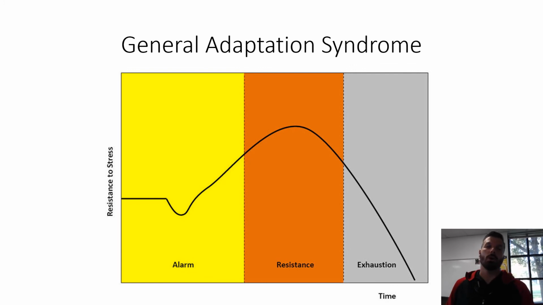And so what Hans Selye found is that one of the major issues for human beings is that in our lives, we find lots of things very stressful. And so what's happening is our body is constantly gearing itself up to fight and then staying in that resistance stage for a long period of time as we are constantly having to work through things.